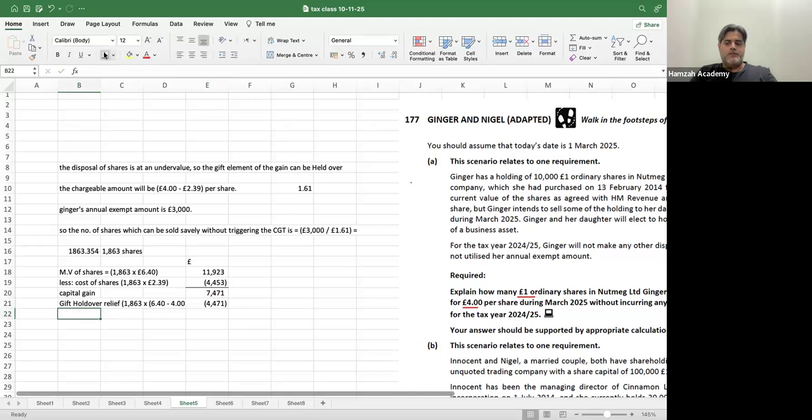That's going to be 4,471, right? So my chargeable gain is going to be, other way around, 2,999, right? And my annual exempt amount is 3,000. So my taxable gain over here is going to be 0, right?